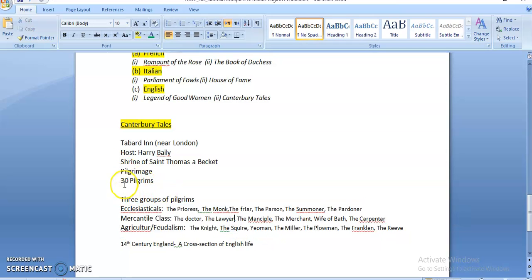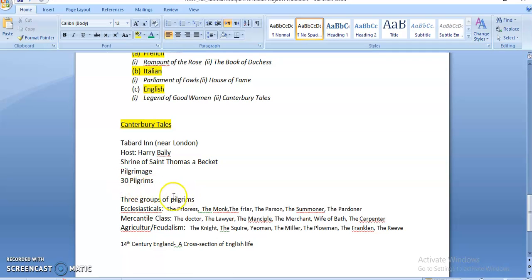The host suggested that every pilgrim should narrate two stories on the way to Canterbury and on the way back. The pilgrim who narrates the best story will be exempted from paying the charge of staying at Tabard Inn. So this is how these tales were composed.